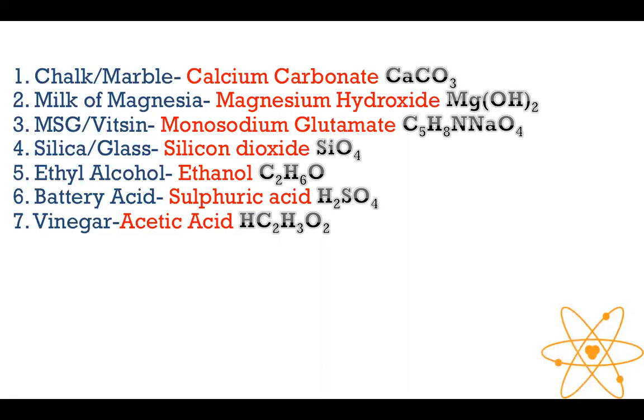Silica or glass, silicon dioxide, is SiO2. Ethyl alcohol or ethanol is C2H6O. Battery acid, sulfuric acid, is H2SO4. And the vinegar that we use every day in our delicious paksiw is acetic acid, or HC2H3O2.